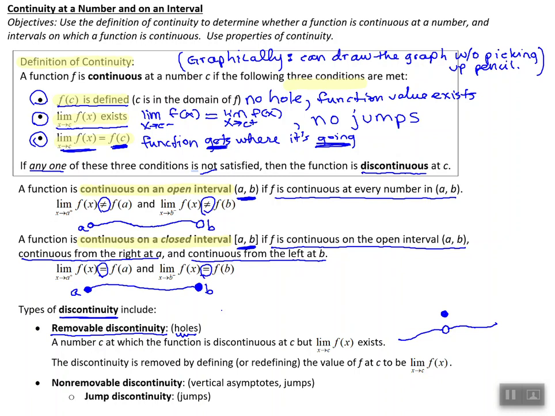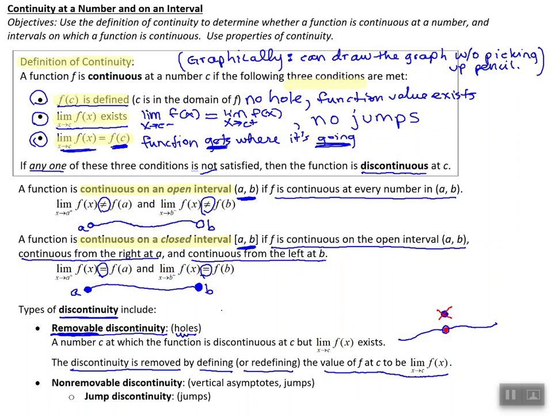Now, the discontinuity can be removed, which is why it's called a removable discontinuity, by defining or redefining the value of f at c to be the same as that limit, which means we redefine that function value so we can fill in that hole, and then the function will be continuous.